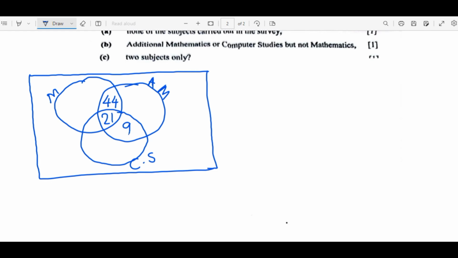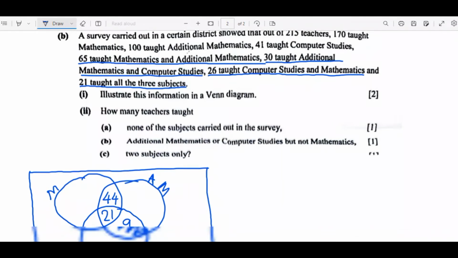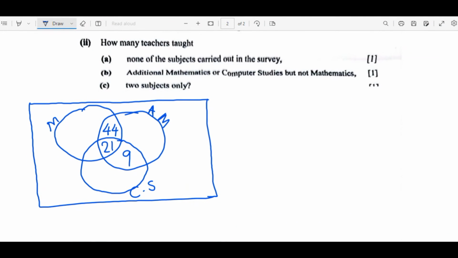So 9 is what we are going to write here. We move on to the second point. So 26 taught computer studies and mathematics. So from that 26, we are going to subtract 21, which is we get 5 here.